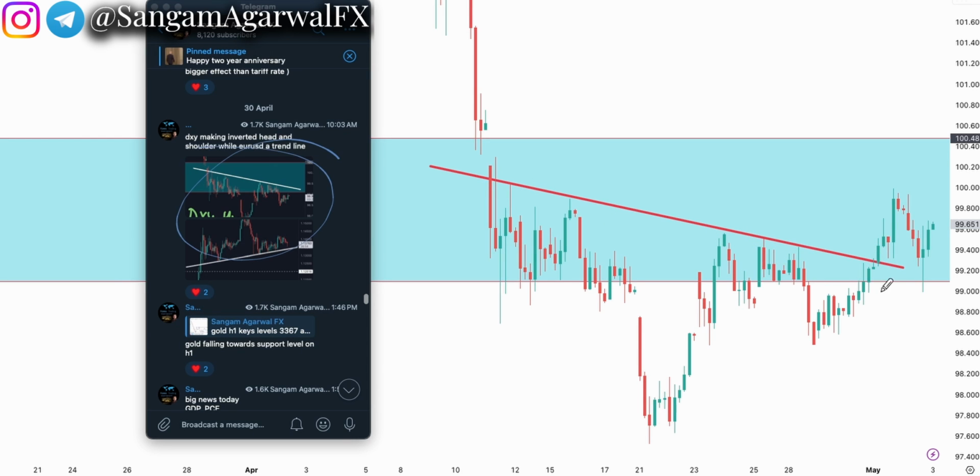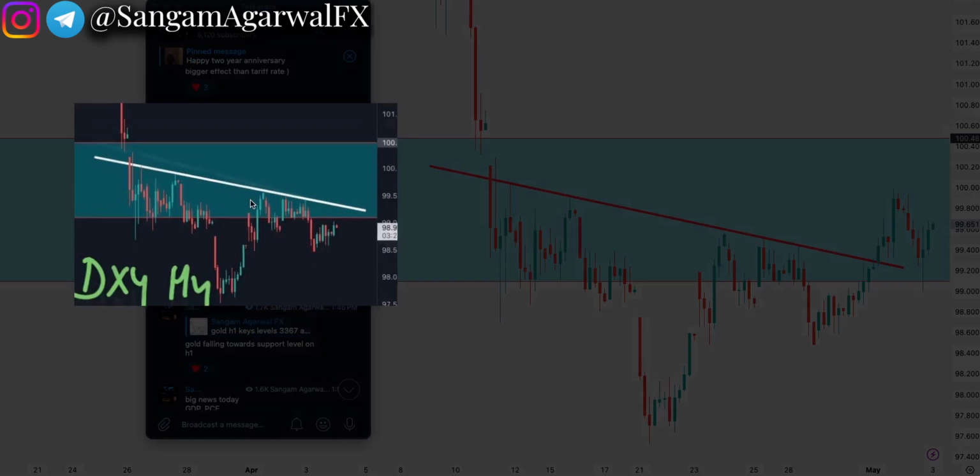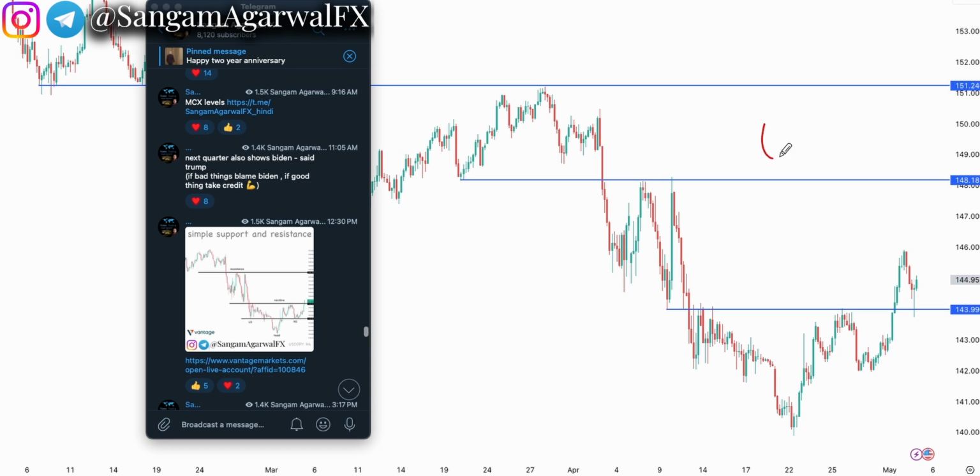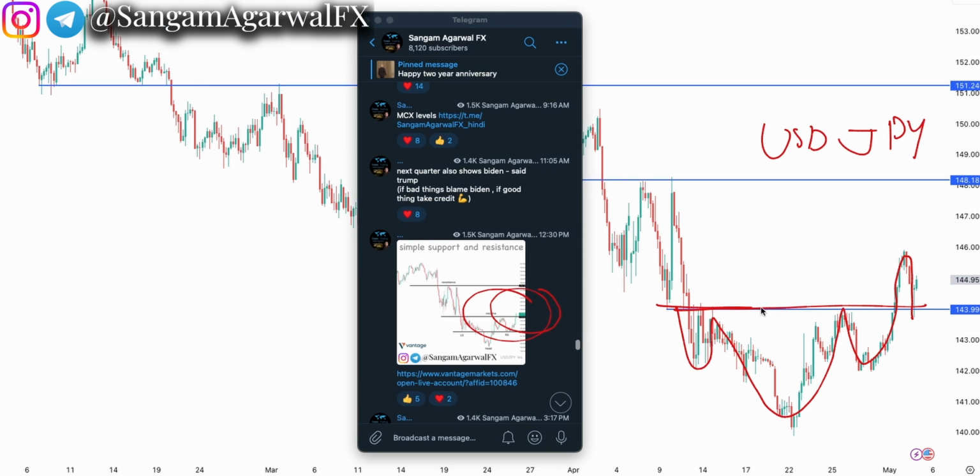I shared this chart pattern on the dollar index H4 time frame in Telegram before the neckline breakout, because if you see USDJPY, the currency pair, it is the same thing: the head and shoulders chart pattern, the neckline breakout, and now the neckline retest is happening.